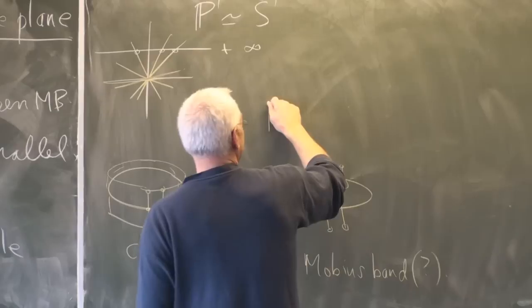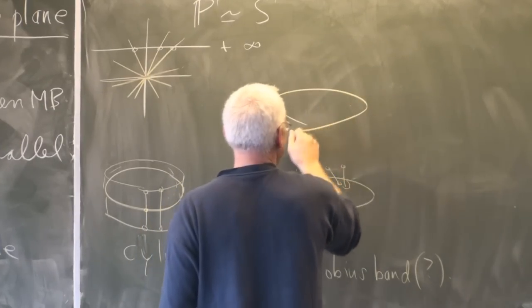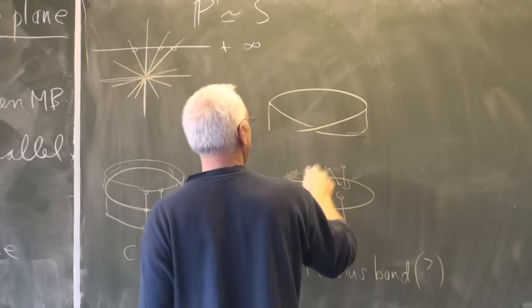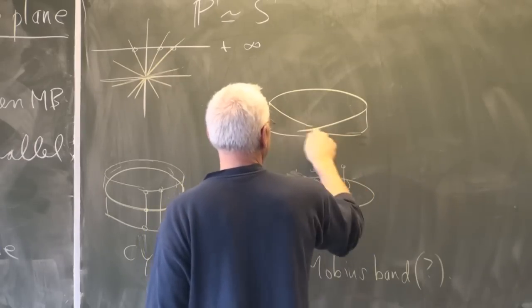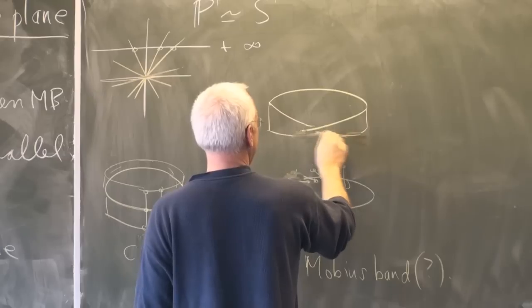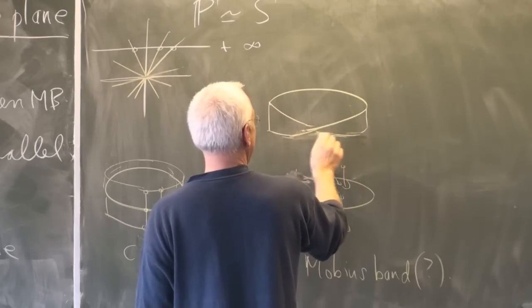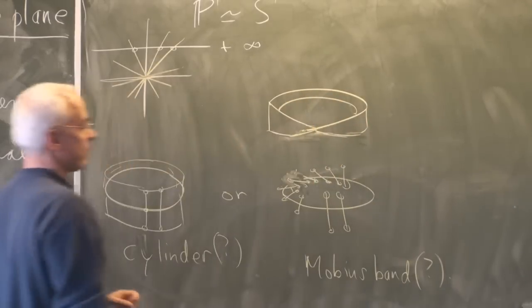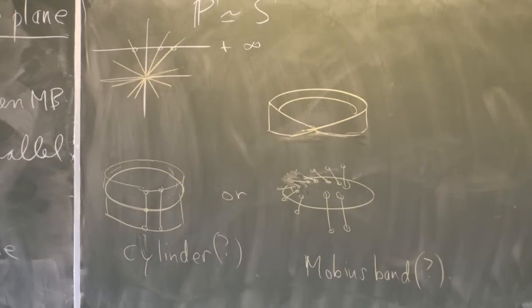So here's our Mobius band drawn a little bit nicer. We have to ask ourselves, is there a property that the Mobius band has that the cylinder doesn't have? How can we tell these things apart topologically?